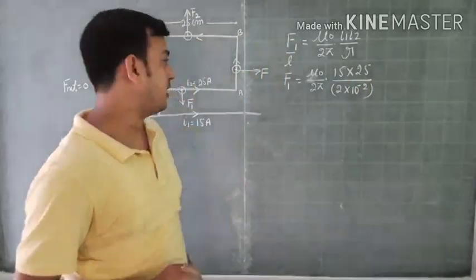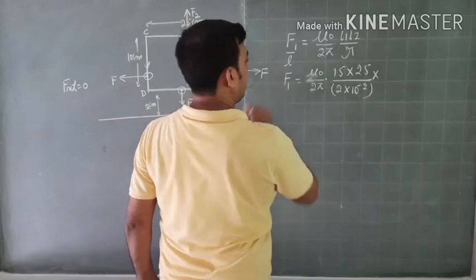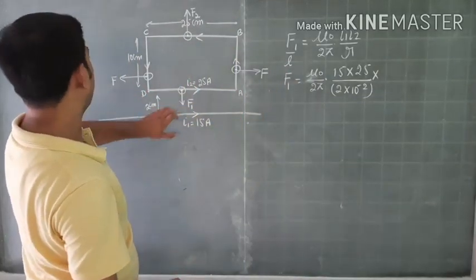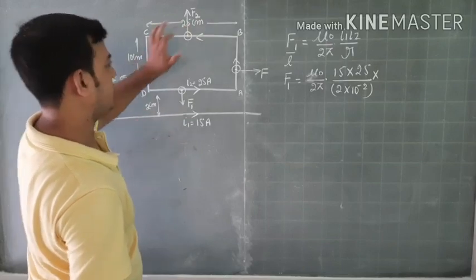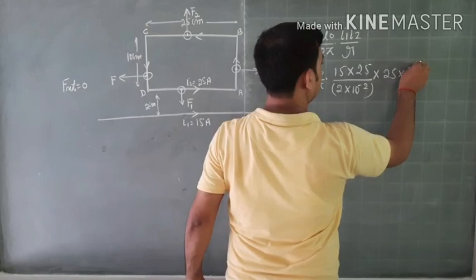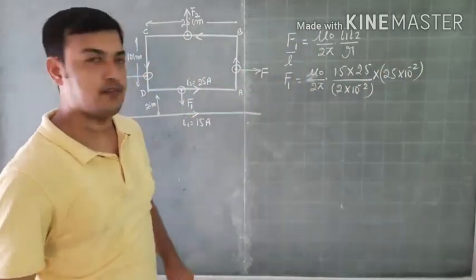We will convert it into SI system, and multiplied by L. L is the length of the wire, and the length of this wire is 25 centimeters, so this is going to be 25 into 10 raised to power minus 2 in SI system. So this is the value of force F1.